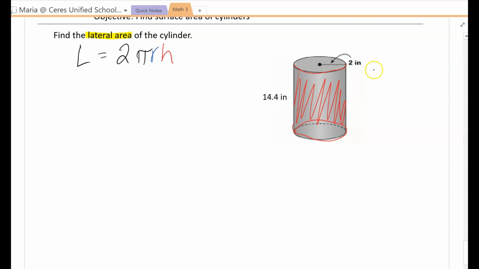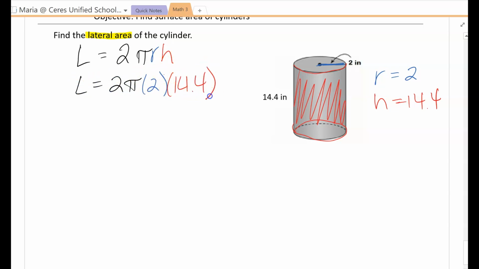Okay, so notice I am given my radius here because I have half the line, so that's my radius is 2, and then my height is the distance between the two circles, so that's 14.4. So all you do is plug it in. So I have L is equal to 2 pi times my radius is 2 times the height is 14.4, and then I'm just going to use my calculator to get my exact answer without the pi.